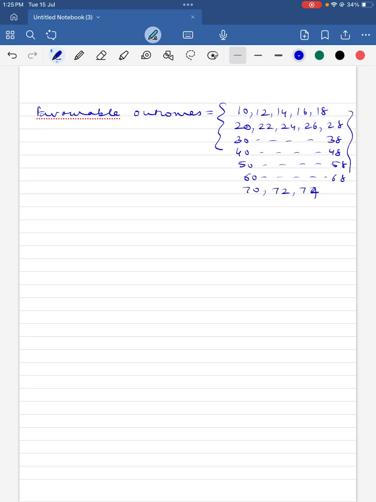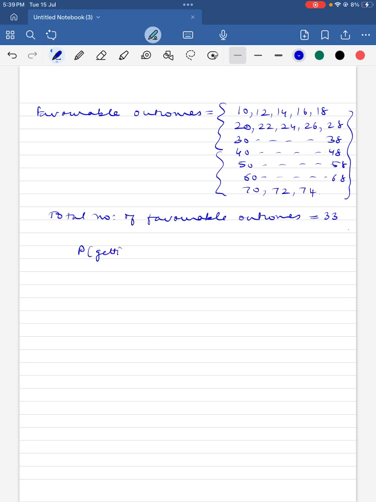So this is the sample space of the favorable outcomes. The total number of favorable outcomes is 33. So the probability of getting an even number is 33 upon 65, that is the total number of favorable outcomes divided by the total number of outcomes, which is 65.